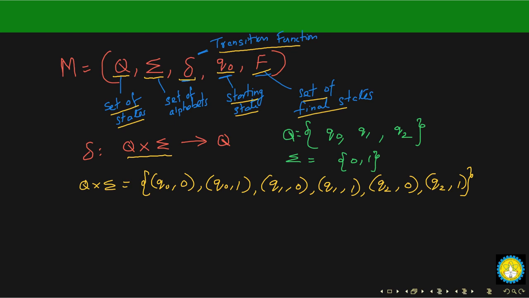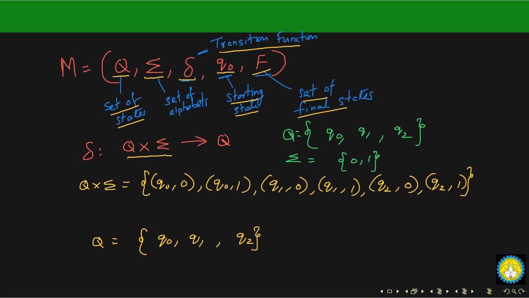Now, as per the definition of the transition function of a DFA, it's a mapping from the set Q cross sigma to the set Q. So we know what Q is: Q0, Q1, Q2.